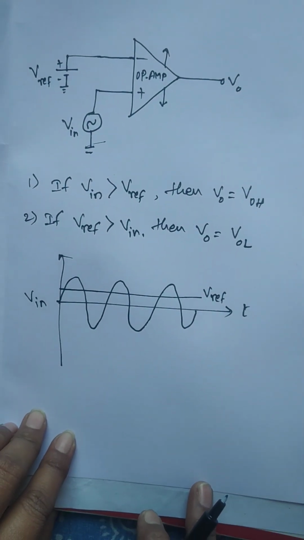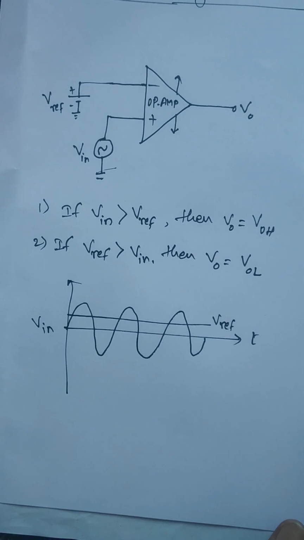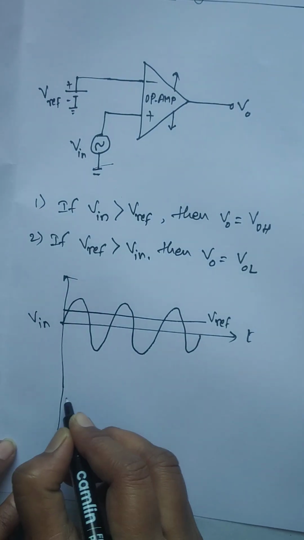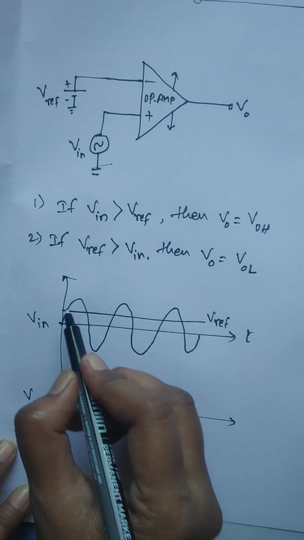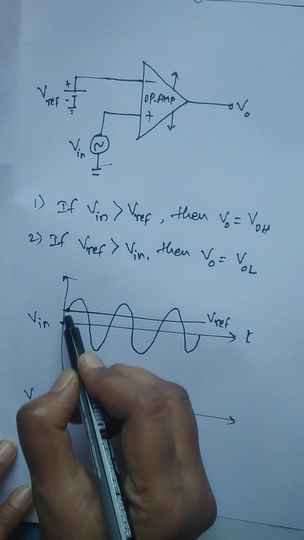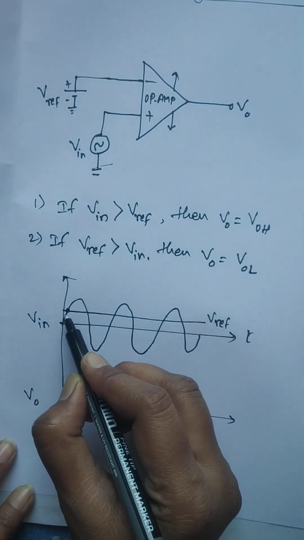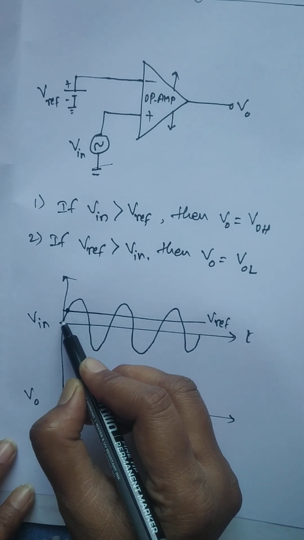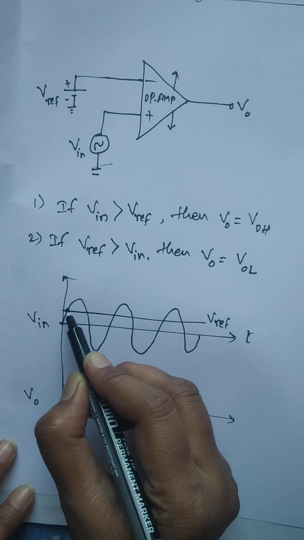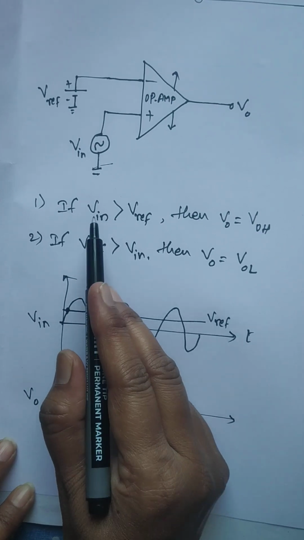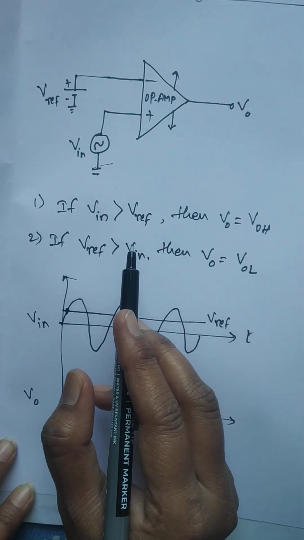Now as the comparator is comparing, we are also going to compare it. Let us draw V output. Now can you see up to this point, from 0 up to this point, V in is smaller, V reference is larger. So just see at these two points and draw the waveforms.